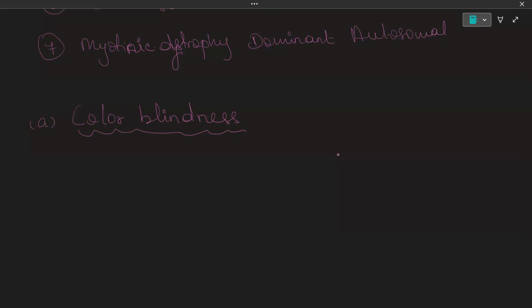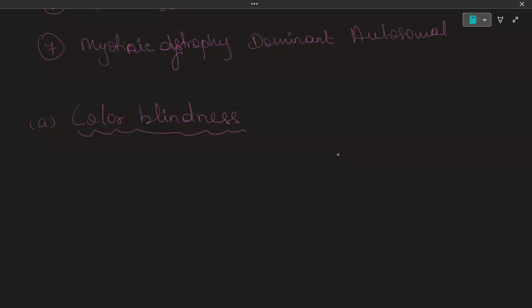But as to what happens in this, basically, whoever has color blindness cannot distinguish the red and the green color. So that person will never know what the color of the grass is or how the plants look. Anyone who has color blindness will never know what red color is because they can't make out that color.